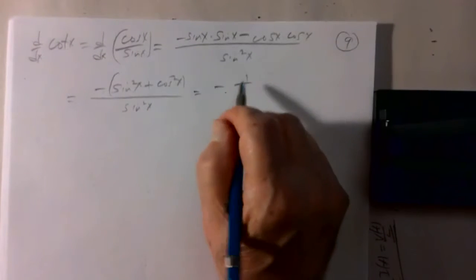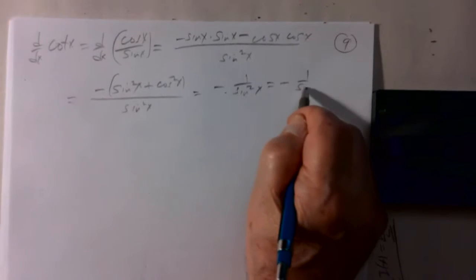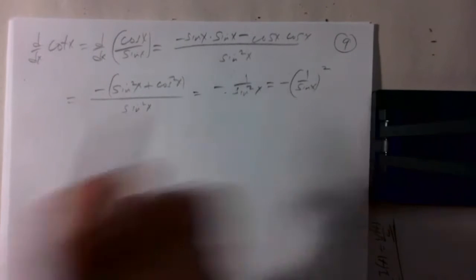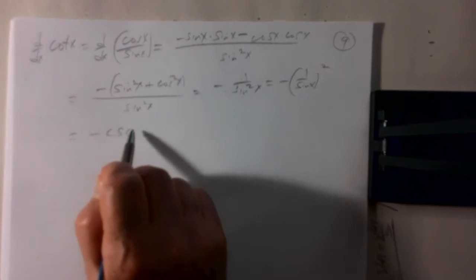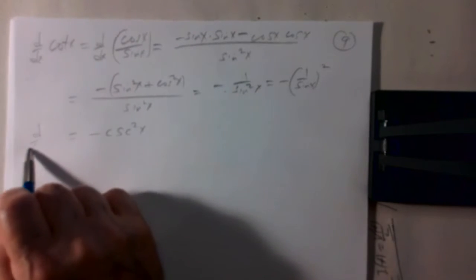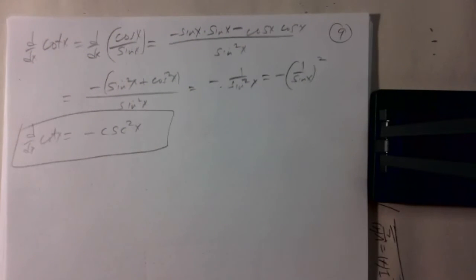This is minus 1 over sine squared x, or minus 1 over sine x squared. What is 1 over sine x? It is the cosecant. So the derivative of the tangent is the secant squared, and the derivative of the cotangent is minus the cosecant squared. Any questions about these?